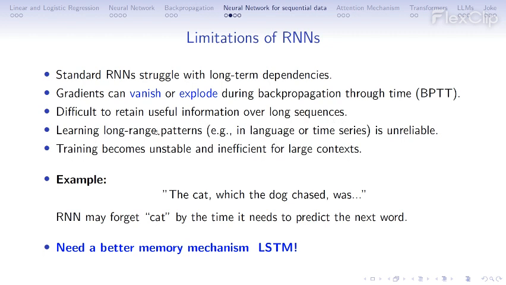So learning long range patterns, example እንደጠቀስኩት, is unreliable, and training becomes unstable and inefficient for large context because of the exploding gradient. Yeah, so: the cat which the dog chased was dash.